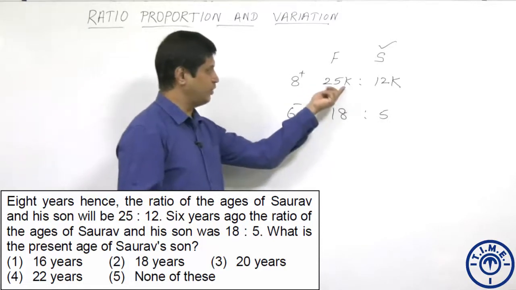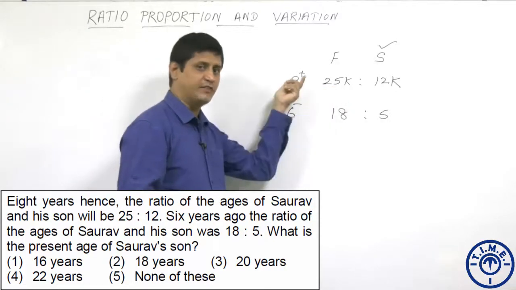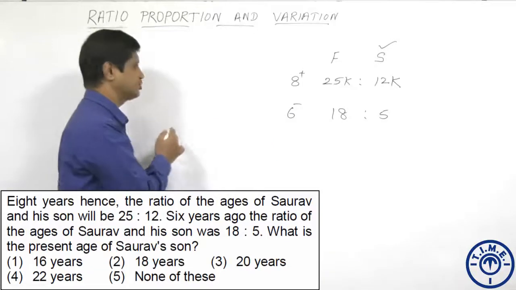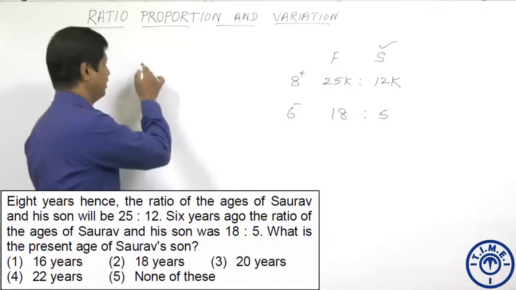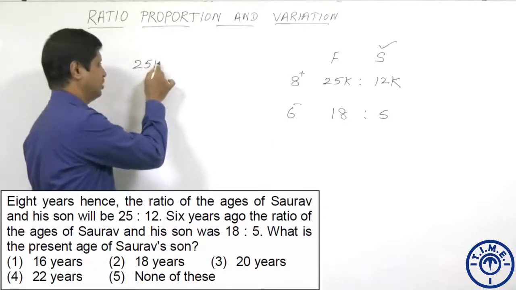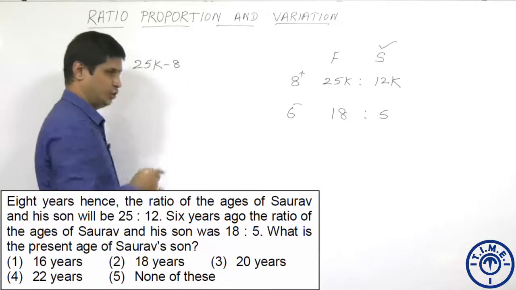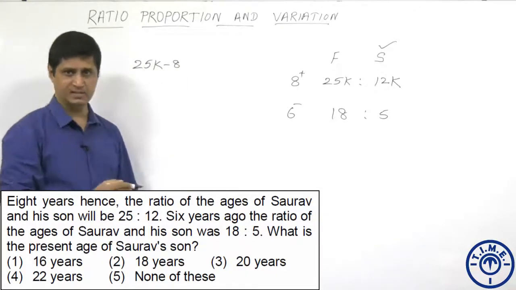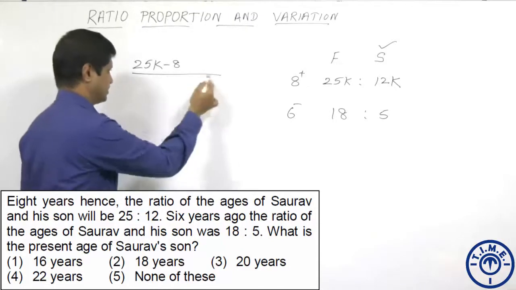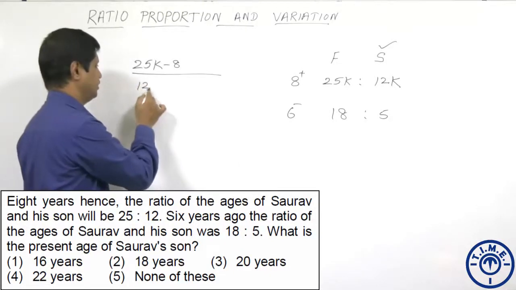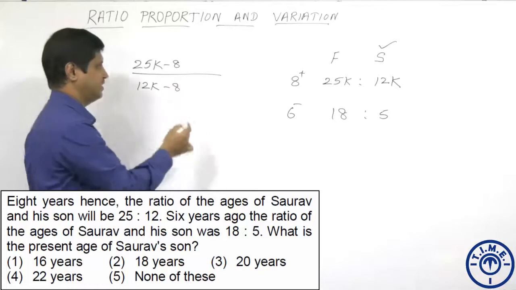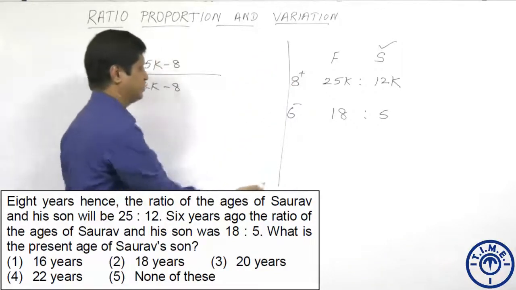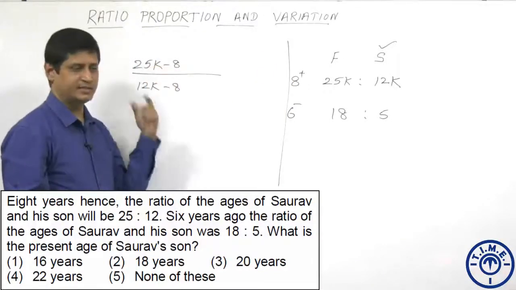Similarly, 25K is the age of the person after 8 years. Present age is equal to 25K minus 8. Similarly for the son, it is 12K minus 8. These are the present ages of father and son.